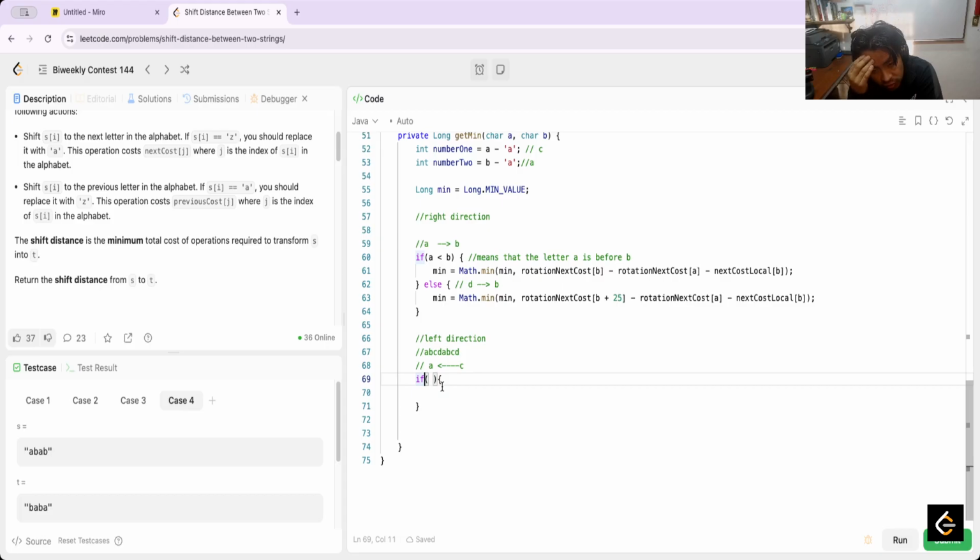Left direction. I want to transform the letter A to the letter C.